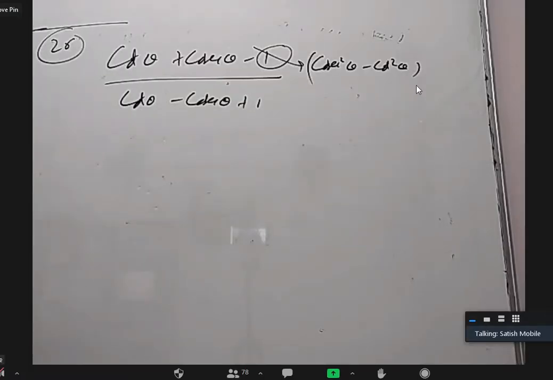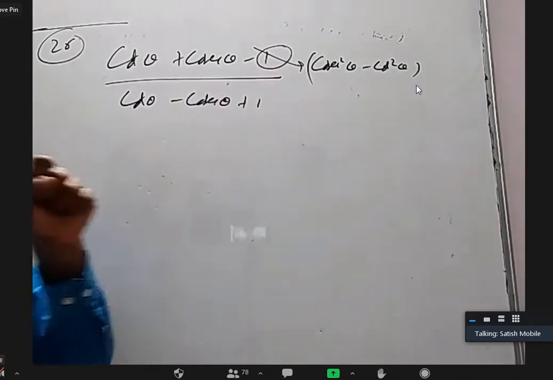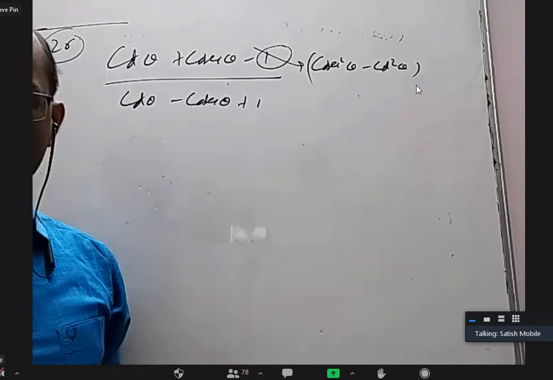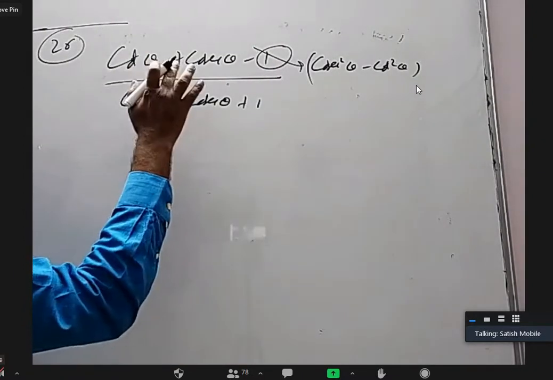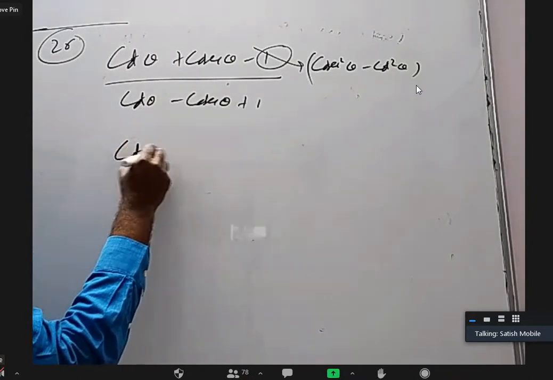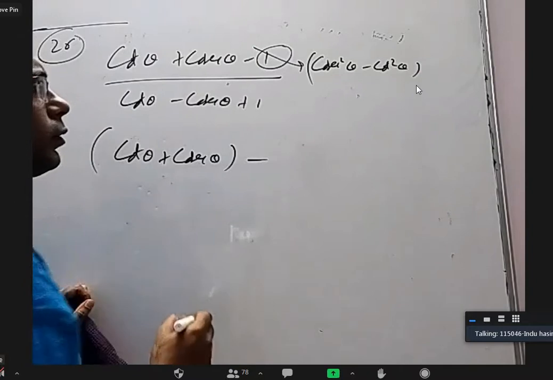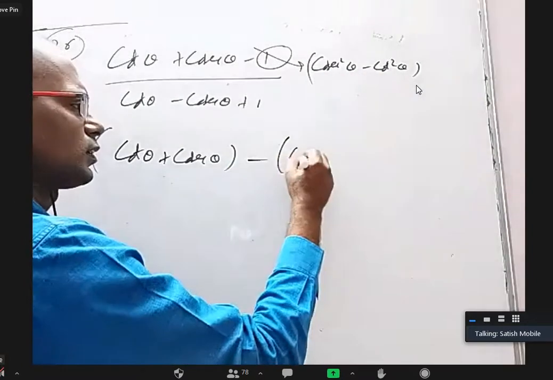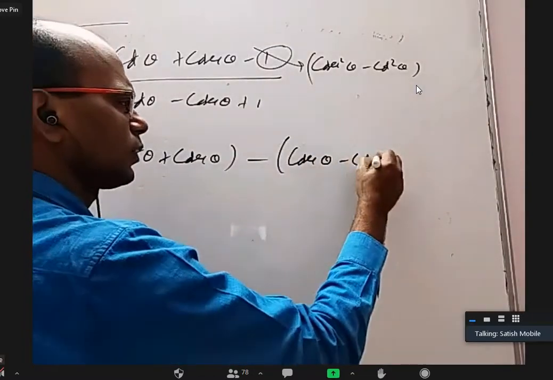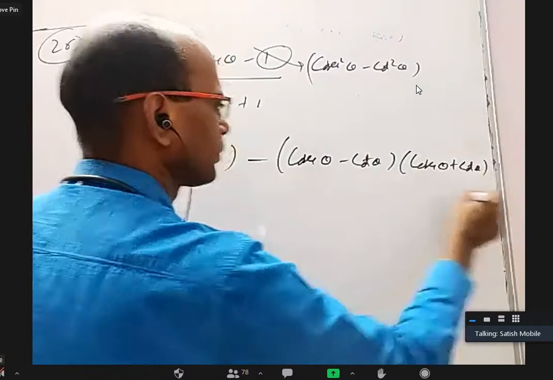Sir, once can you repeat, sir, what did you do? This is the question. In the numerator 1, I wrote cosecant square theta minus cot square theta. Now, this is cot theta plus cosecant theta minus a square minus b square. I can write a plus b into a minus b, that is cosecant theta minus cot theta into cosecant theta plus cot theta.